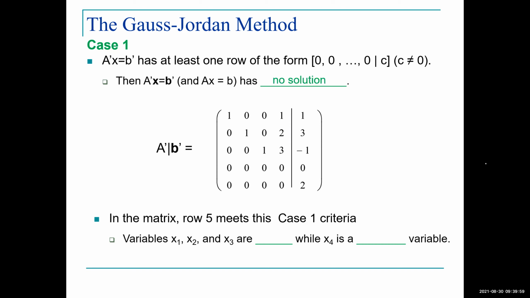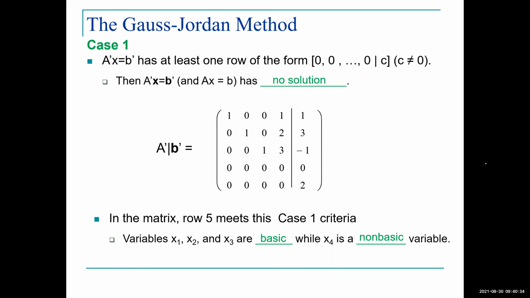That's simple. So in the matrix, row 5 meets this case 1 criteria. Variables x1, x2, and x3 are basic, while x4 is a non-basic variable. So again, we look at the structure of each column. We can identify the basic variables: a 1, and the rest of the column is zeros. So we have 3 variables, x1, x2, and x3.